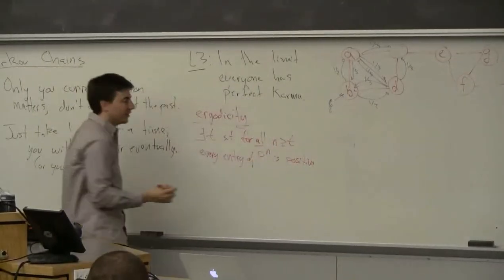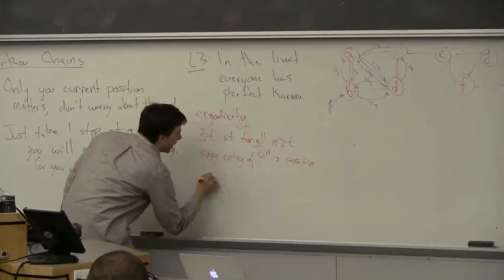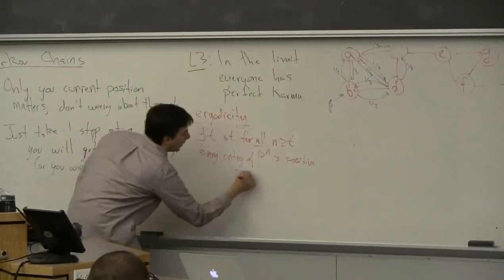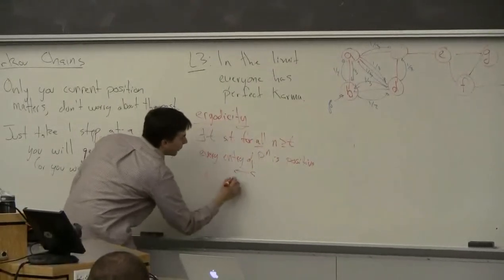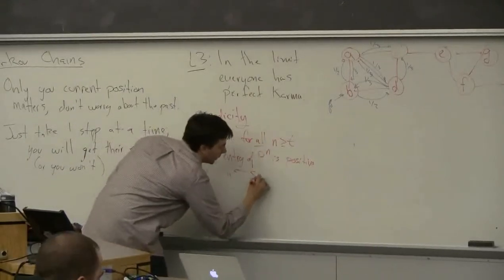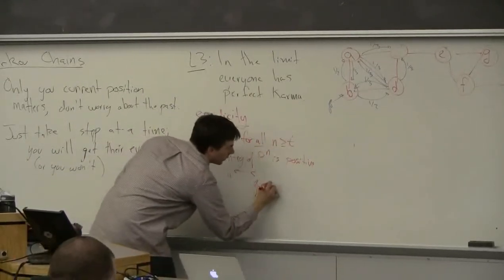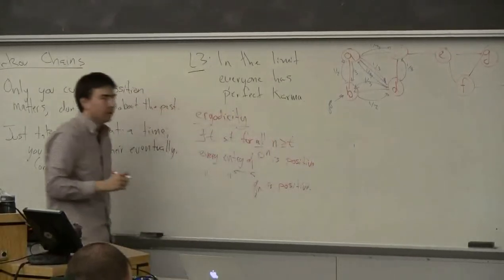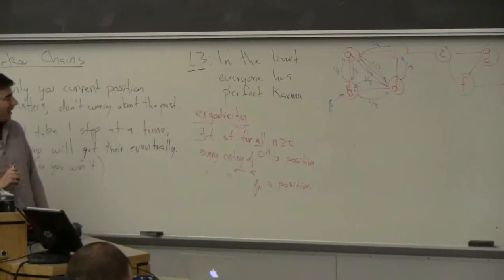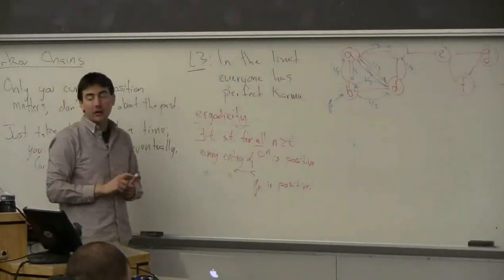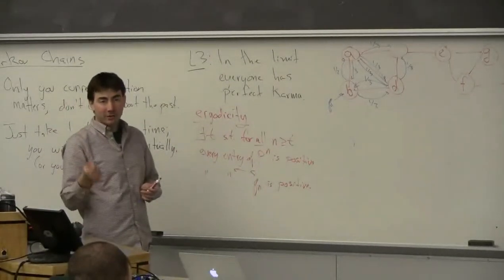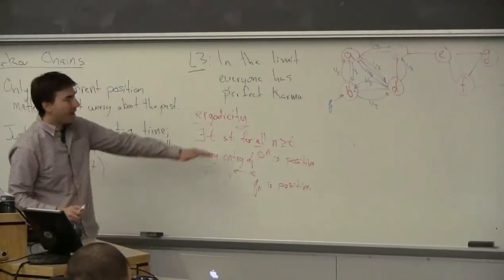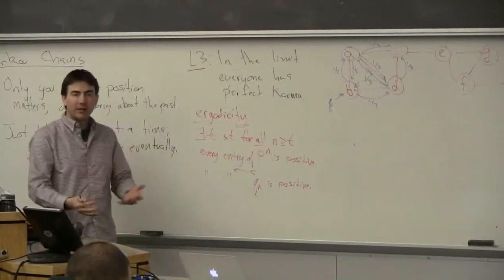This is equivalent to saying that every entry of Qn is positive. So this is saying it's not just that after a certain time t I could be in every state I have a chance of being in. It's stronger than that. It says that for all time afterwards, I always have a chance of being in every state.